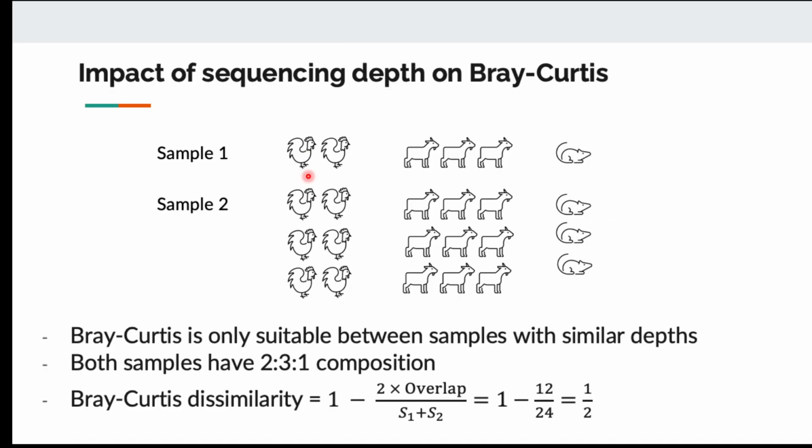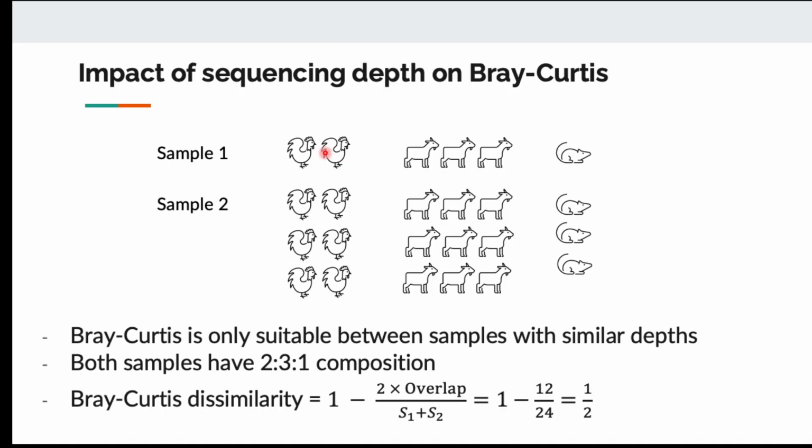So let's say you have a different sequencing depth. In the first sample, you only have 6 animals, like you have 6 reads. In the second sample, you have 18 animals or 18 reads. You have 3 times the sequencing depth. Because Bray-Curtis counts the number of reads, you can't really normalize the data easily because you need the number of reads.